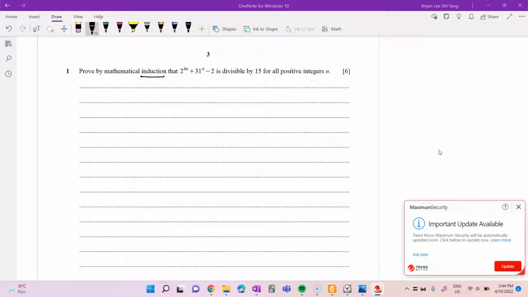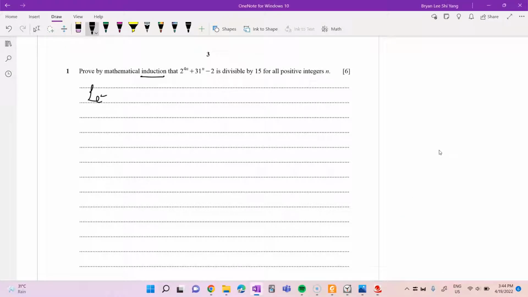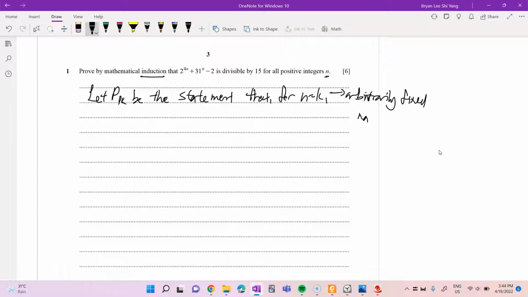The first thing that I would say would be that P(k) be the statement that for n equals k, because n is some variable here, so k would be our arbitrarily fixed natural number.